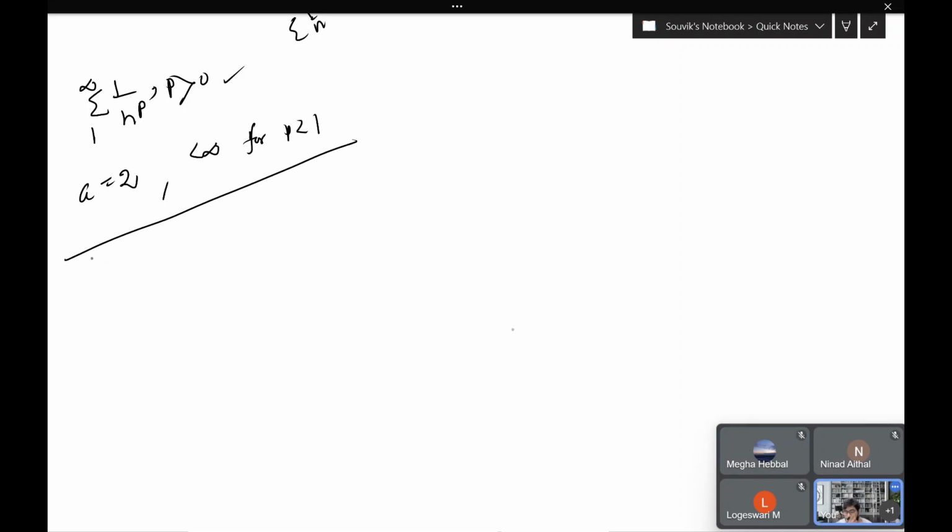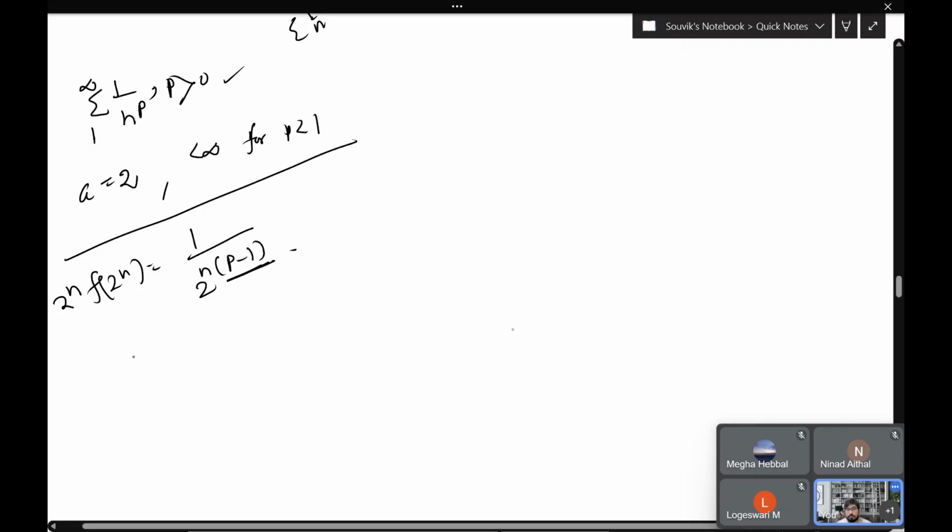So you are confused with the p greater than 1, p less than 1 part, right? Yes, sir. How do we get that? So first start with any p. Consider 2 to the power n, f of 2 to the power n. This is nothing but 1 by 2 to the power n into (p minus 1). Now consider the series summation of (1 by 2 to the power p minus 1) whole to the power n.